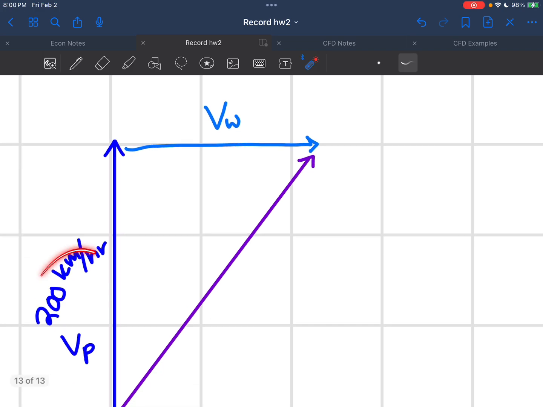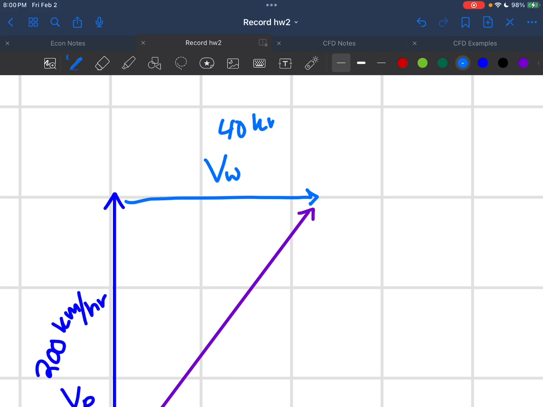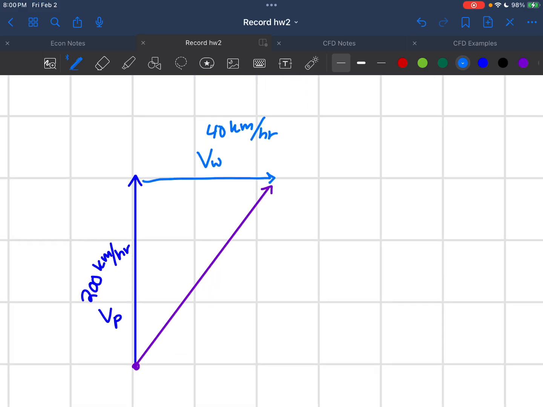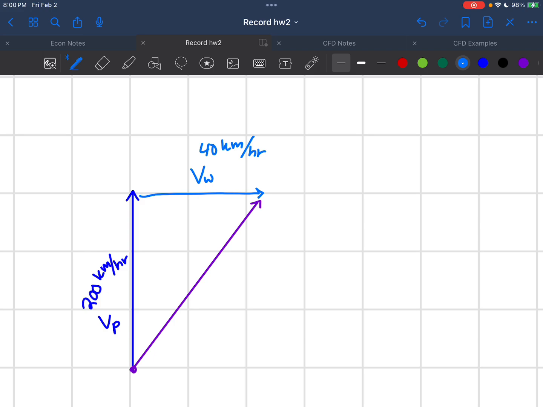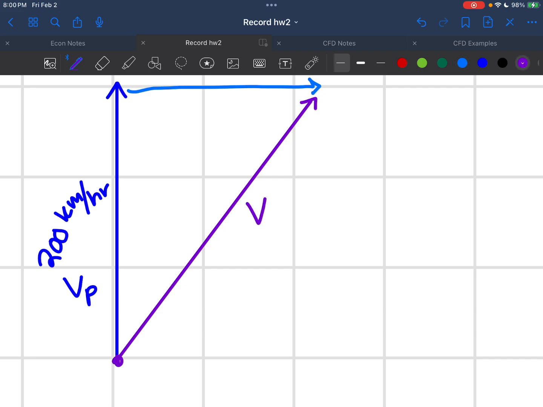So if this is the velocity of the plane, this is the velocity of the wind pushing us to the side, which was our 40 kilometers per hour. Sorry, I forgot the number there. Then this result will be my velocity of the plane relative to the ground.